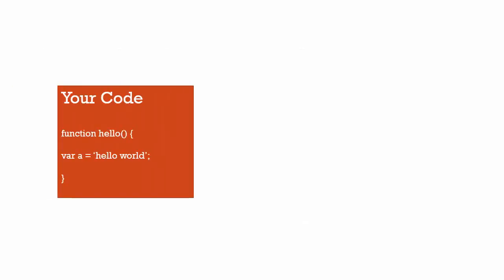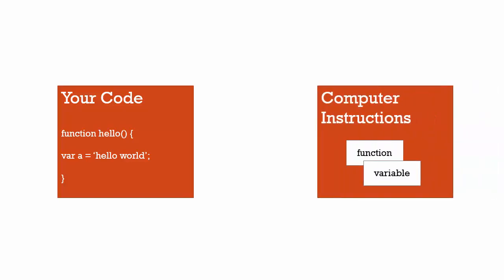But remember, we said you might have some code, let's say a function, with a variable inside of it. The variable sits lexically inside the function. That is, physically the code that you're writing, that's where it sits. But remember, we said that your code is not what's actually given directly to the computer, but it's translated into something the computer can understand. But in programming languages where the lexical environment is important, that means that where you see things written gives you an idea of where it will actually sit in the computer's memory, of how it will interact with other variables and functions and elements of the program.